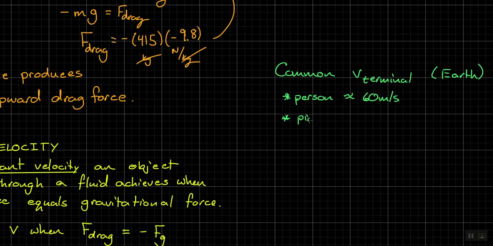Okay, ping pong ball. Approximately 9 meters per second. Okay, a fully inflated regular sized basketball. About 20 meters per second.